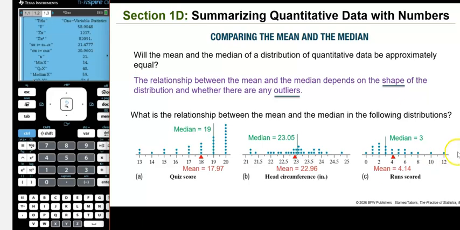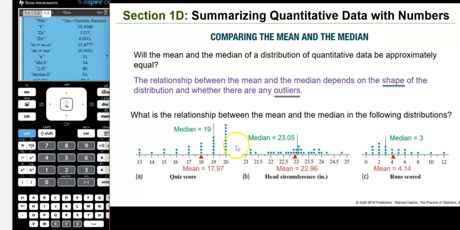You can see the middle data there, the 23.5 median, is very close to the mean of 22.96. Because that data is approximately symmetric, the mean and median are pretty close. They're within just a few hundredths.